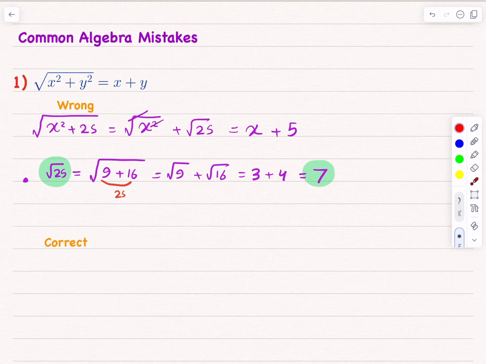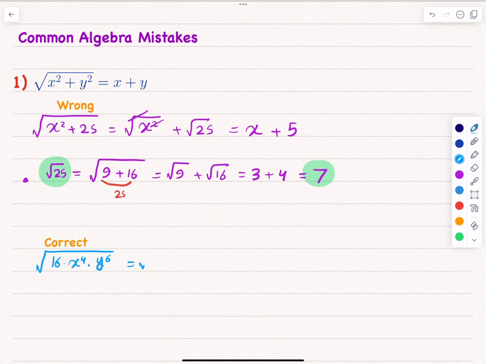But now, the correct way to distribute square root is when you have multiplication or division. So for example, here, this would be correct. Square root of 16 multiplied by x to the power of 4 multiplied by y to the 6, for example. Here, it's all multiplication.